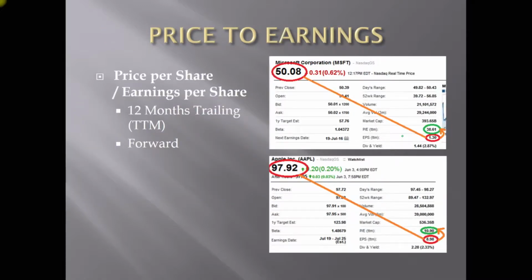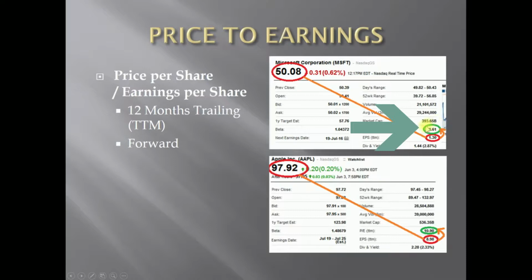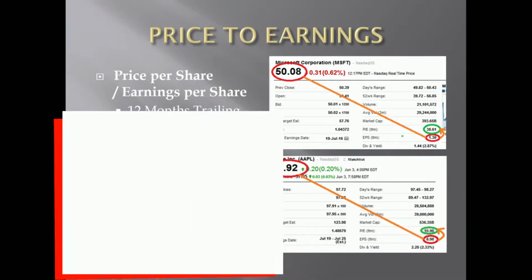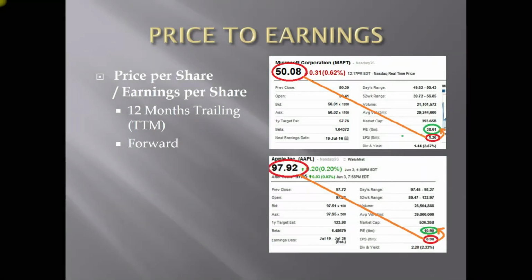Price to earnings ratios, we can see that the price per share divided by the earnings per share gives us a number, a ratio. That ratio tells us relatively how expensive that stock is based on how much it earns. Think about it from the perspective of a company earning money. The company that earns more money should be worth more money. It's pretty basic.